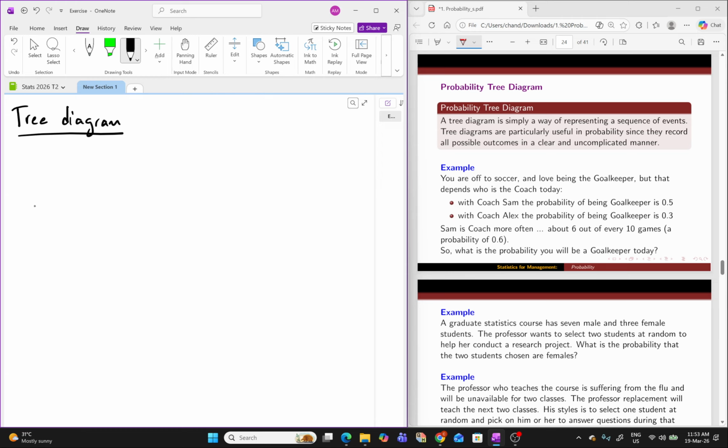We call this a branch, like this. This is known as a branch. This point is known as a node.